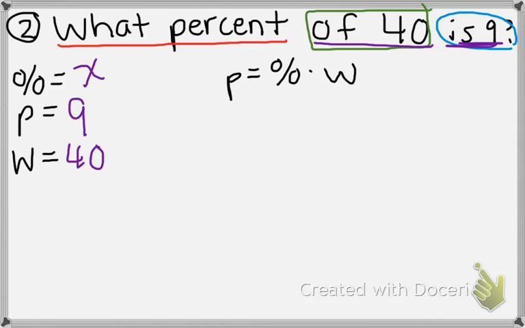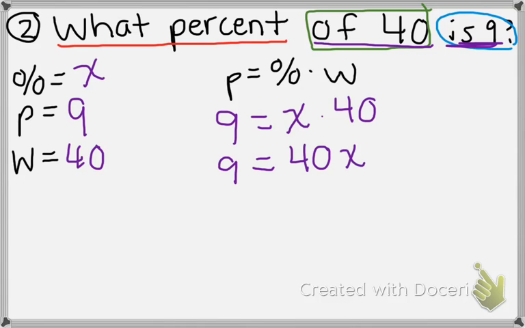Now let's replace the letters with the numbers. Part 9 equals percent, we don't know, X, times the whole, which is 40. So now I have 9 equals 40X. X wants to be by itself. It needs to cancel the 40 out. How do you do that?